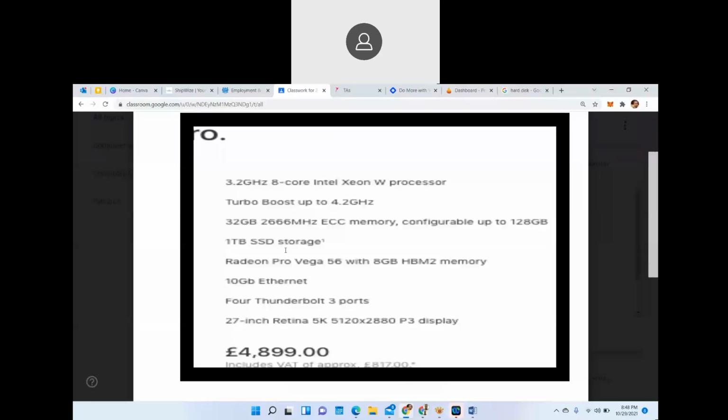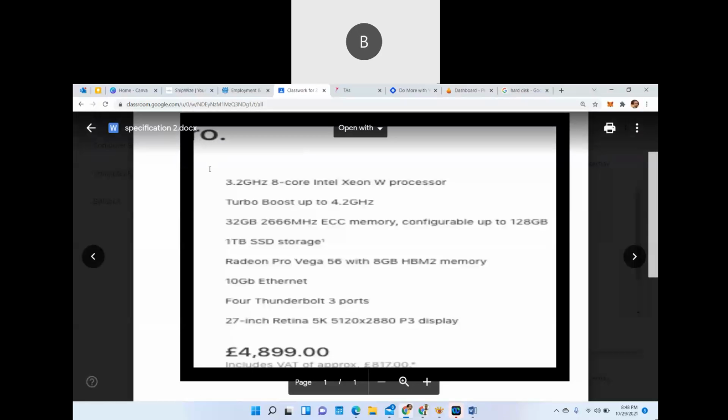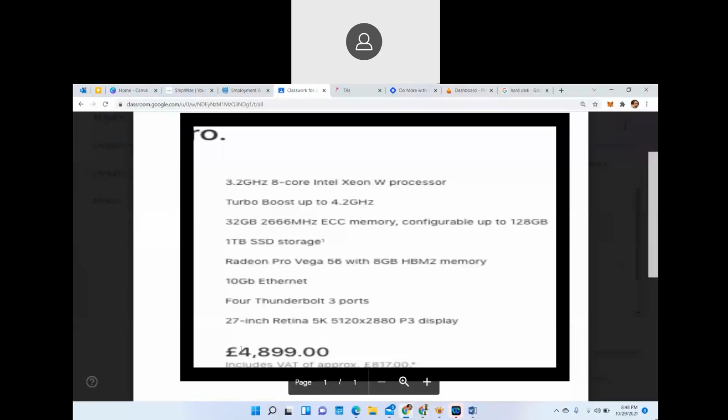So what all of what you're saying here, what are you coming off of? Could you give me the heading, what you're basing off of here? So we're just discussing another computer specification, right? Say, look at this. This costs £4,899. Now, if you're going to buy a computer, you need to understand what these specifications are, because this is what you're going to see.